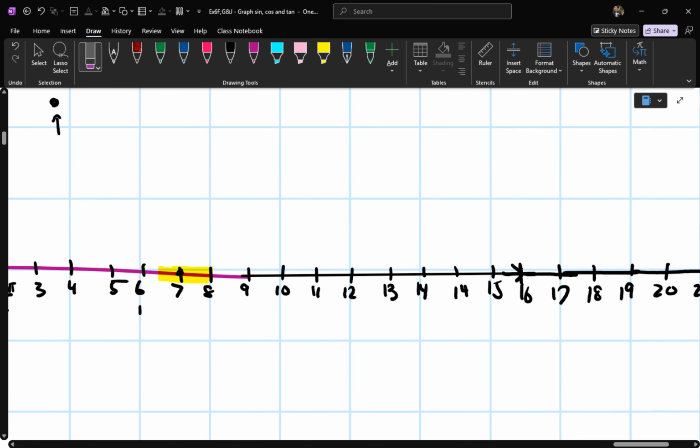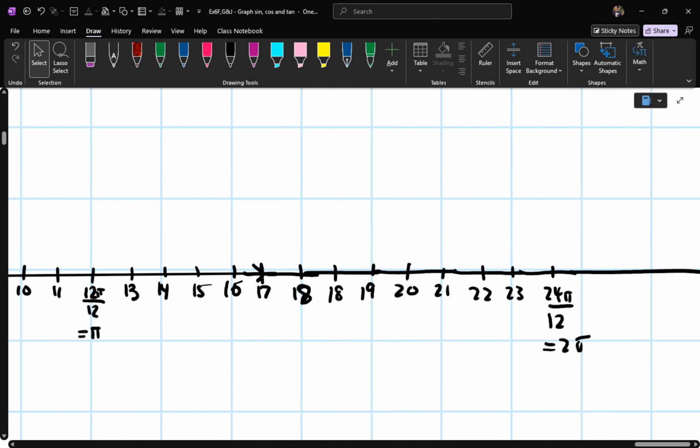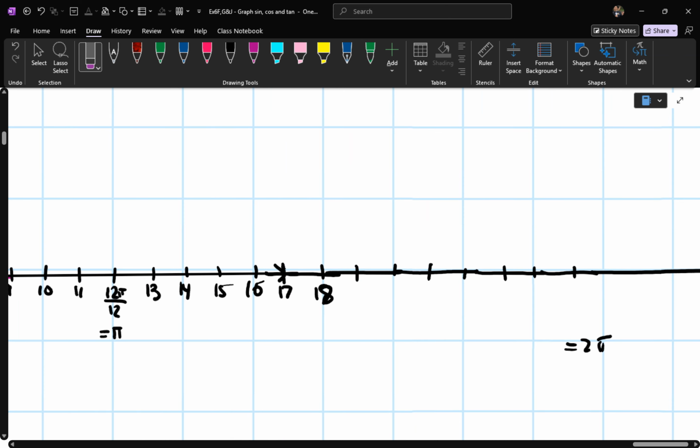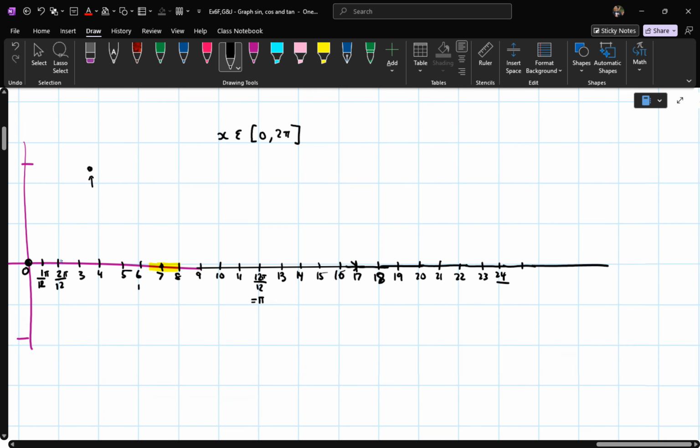So 12 pi on 12 was here, so that's equal to pi there. Then 14, 15, 16, 17, 18, and I'm just going to do it all again, 19, 20, 21, 22, 23, 24. And that's 24 pi on 12, which is equivalent to 2 pi.